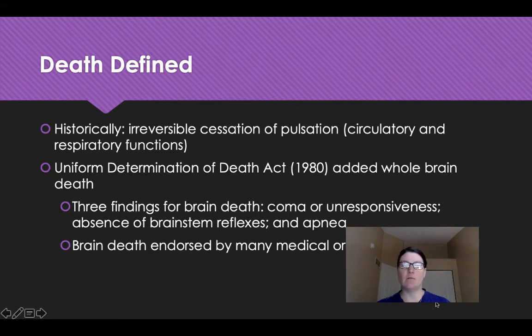And brain death is endorsed by many medical organizations as a determination of death, etc. So when we see sometimes a patient has met the brain death criteria, they're in a coma, unresponsive, lack brainstem reflexes, but they're being kept alive on a ventilator, with artificial nutrition and hydration, so that organs can be harvested. They haven't met that pure definition of brain death until all of those pieces line up.